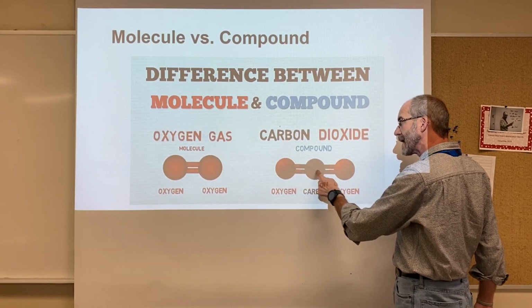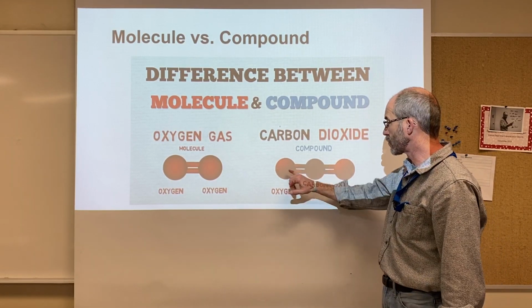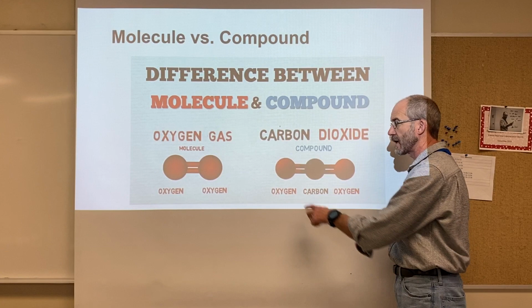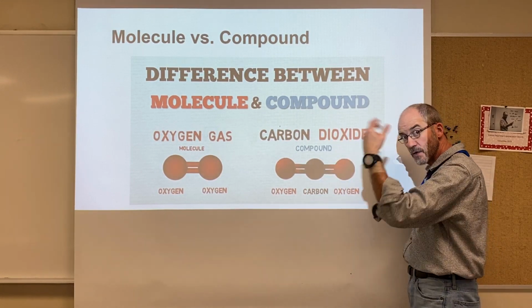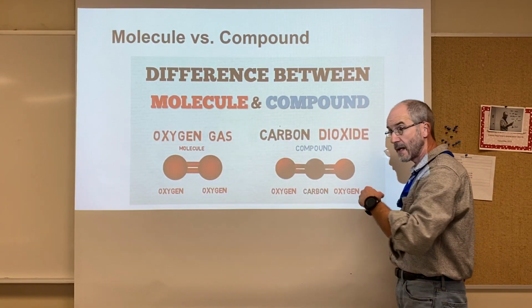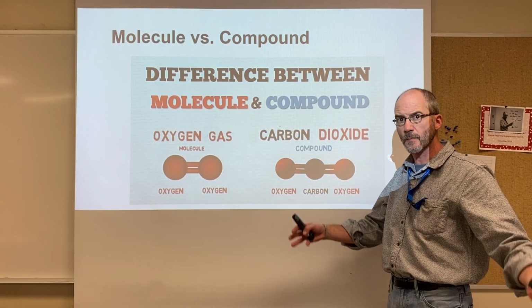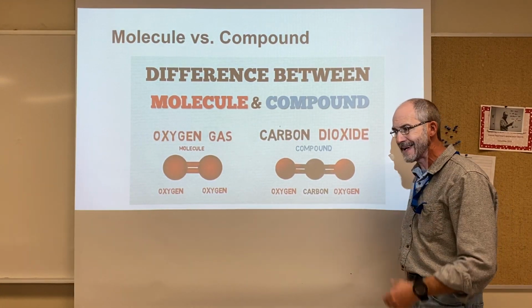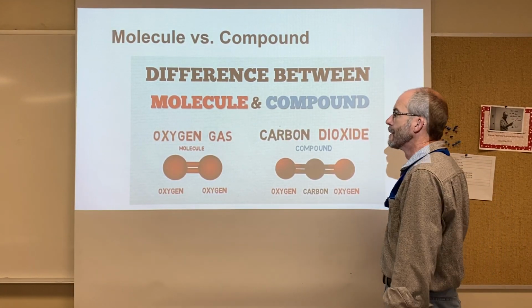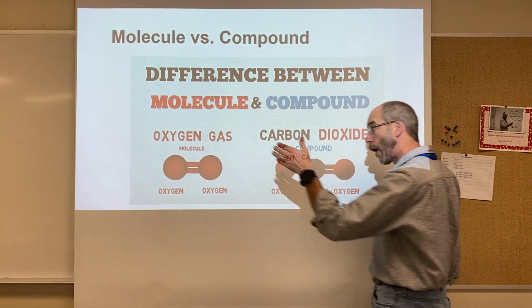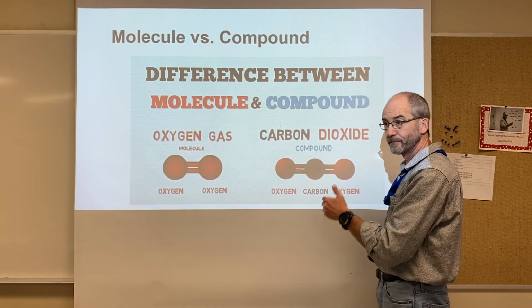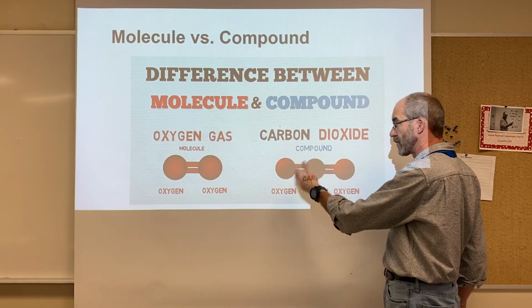And even though you have 3 atoms here, you only really have 2 different kinds of atoms, carbon and oxygen. Carbon dioxide that you exhale, oxygen that you inhale, 2 gases extremely important to man, extremely important to plants. But while both could be a molecule, this would be our definition of compound.